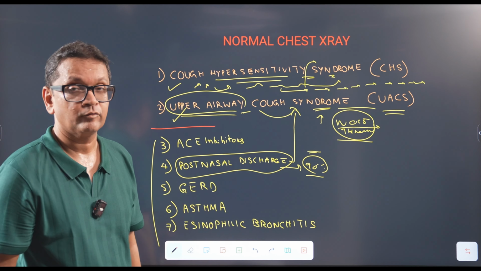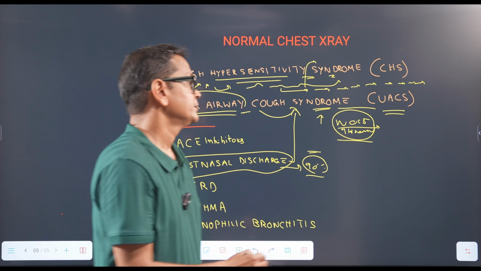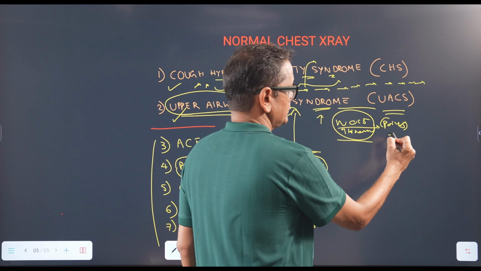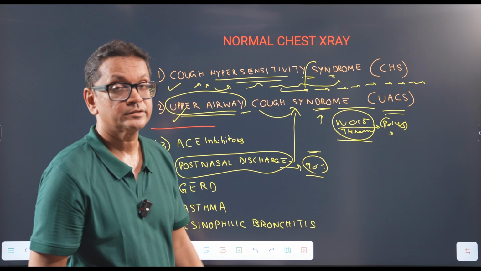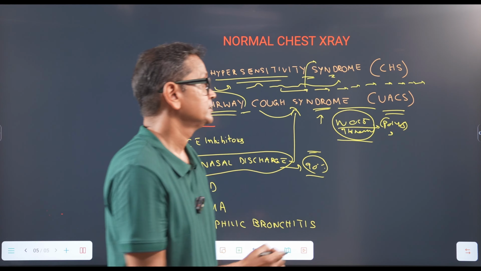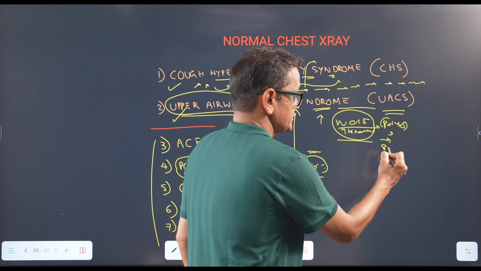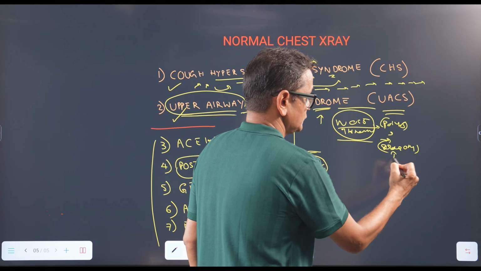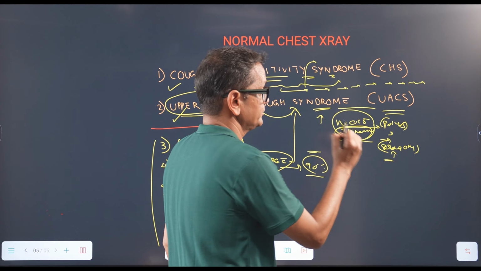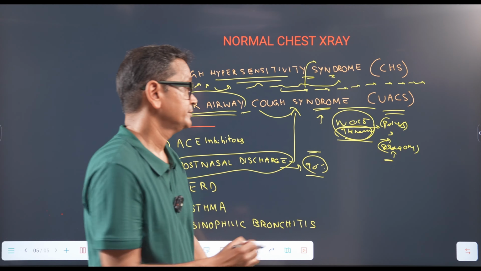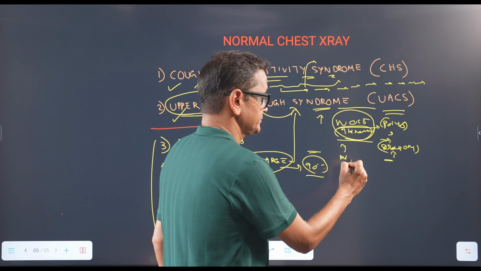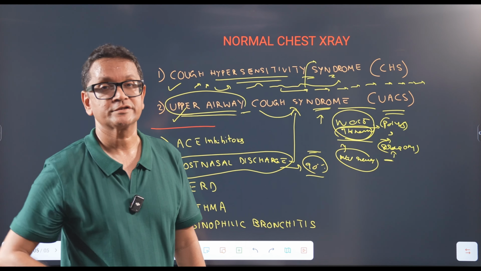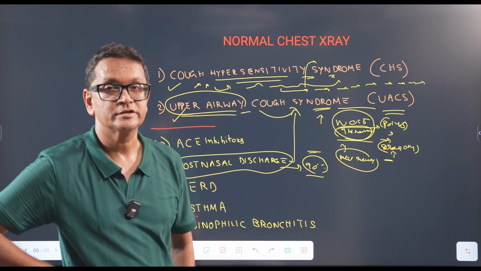If you examine, like what we have discussed earlier, polyps, discharges, either purulent discharges or serous otitis media, or throat, any swelling because of the irritant substances, or inflammation of lymphoid structures like adenoids, tonsils.